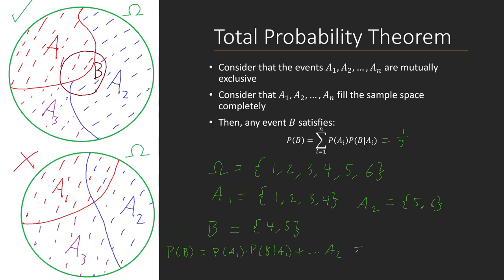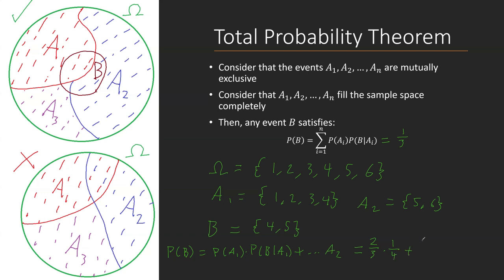Now, what are these probabilities? Well, the probability of A1 is 2/3, because 2/3 of all values are represented here. And if we know that we are within event A1, then what is the probability that event B occurs? Well, event B has the number 4 in it, but not 1, 2, or 3. So one of these 4 events mean that B occurred. So this is a 1 in 4 chance.